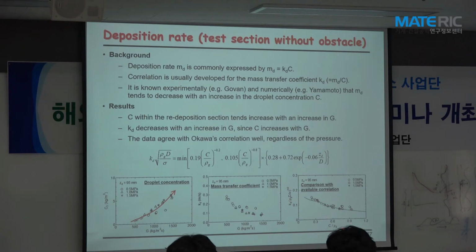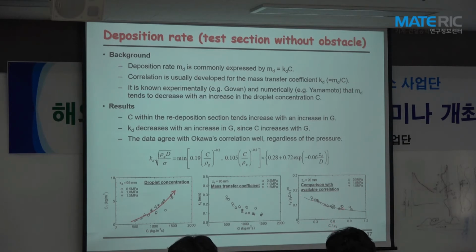This is important. The deposition mass transfer coefficient is plotted against the droplet concentration. And as I said previously, with an increase in the droplet concentration, the droplet coefficient decreases like this.